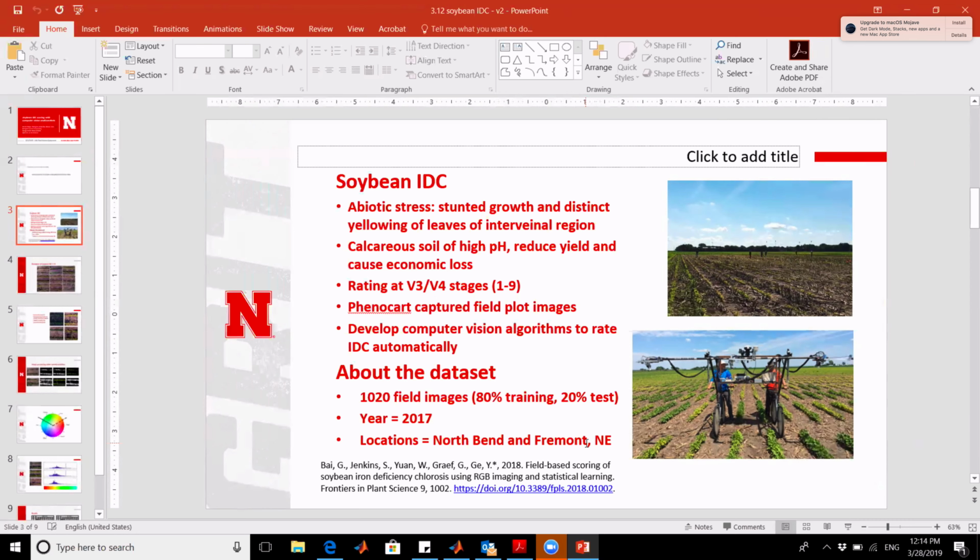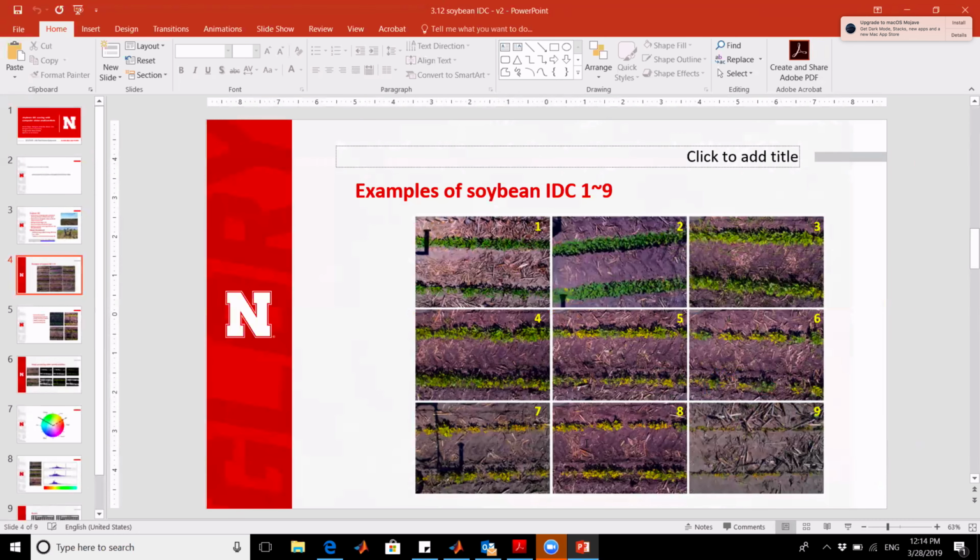So, here are some examples. I will flip on the lights. It is easy for a human to recognize, right? So 1 through 3 is the more resistant type of soybean to the IDC. You can see, there are 2 features that we are mainly looking at in our analysis for the feature extraction.